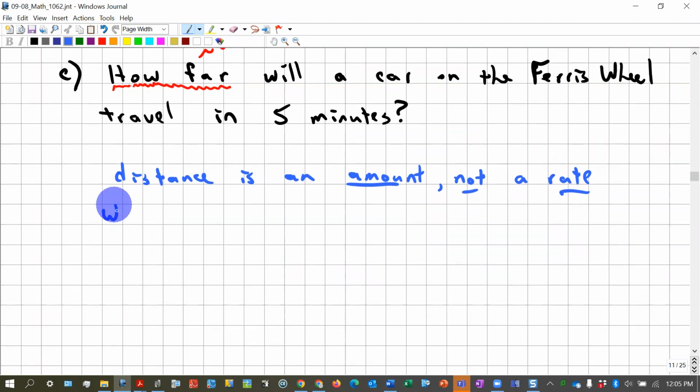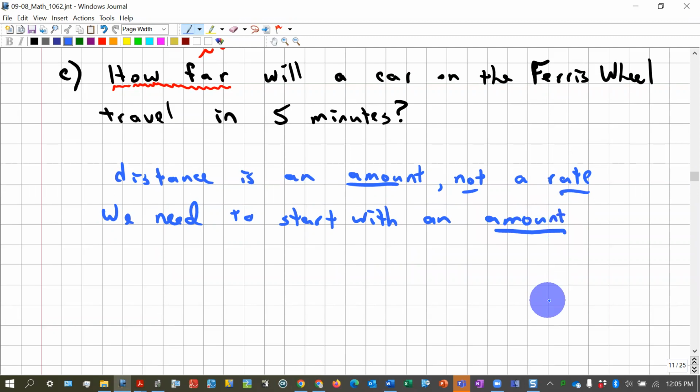So we need to start with an amount, not a rate. So in the previous two problems, we started with 1 revolution per 70 seconds. That was a rate. We need to start with an amount.